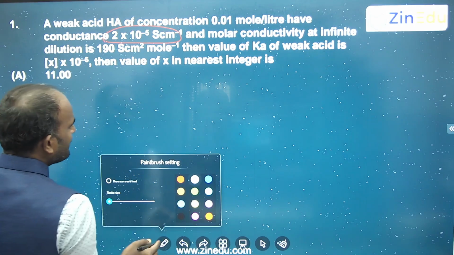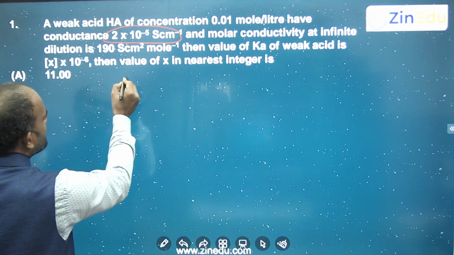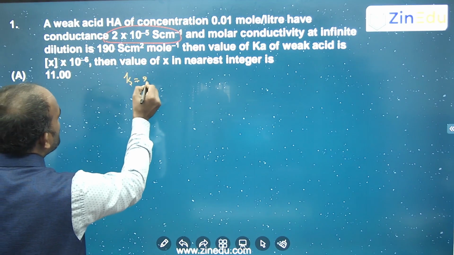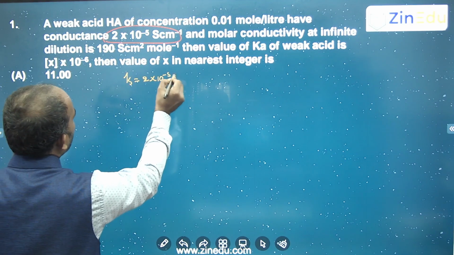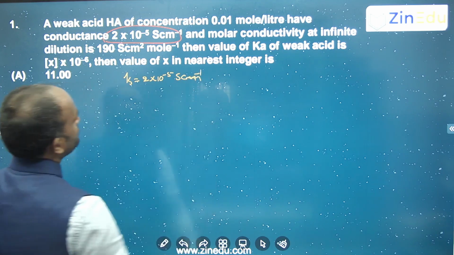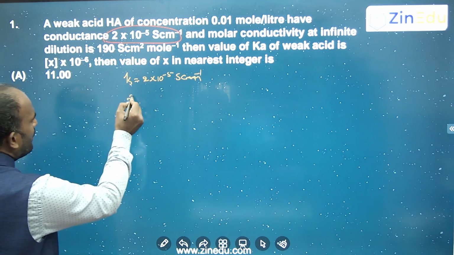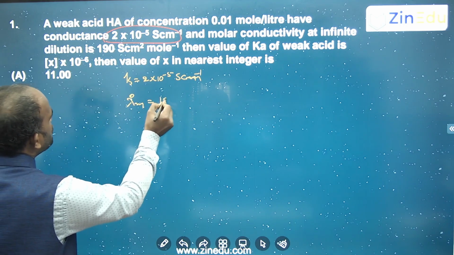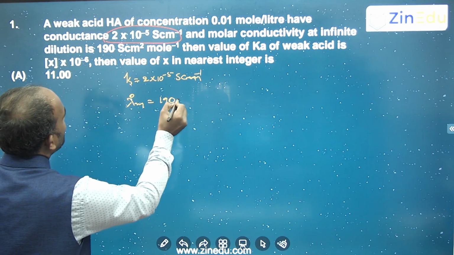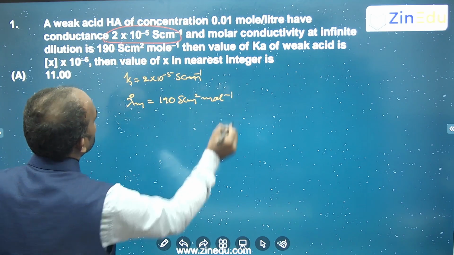By just seeing the units, we can know these are specific conductance units. So kappa is equal to 2 into 10 power minus 5 Siemens centimeter inverse. And molar conductivity at infinite dilution, lambda naught m, is equal to 190 Siemens centimeter square mole inverse.